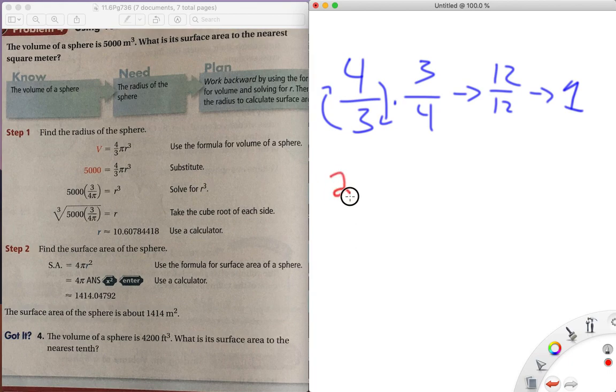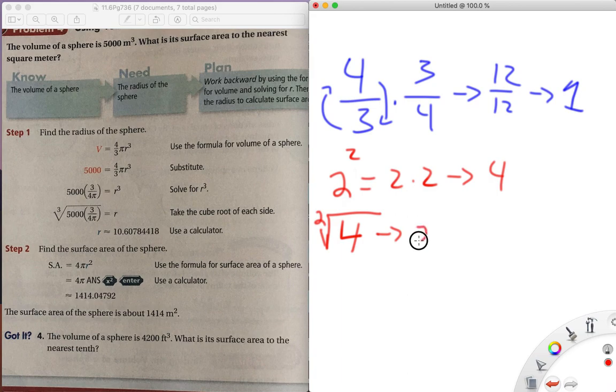If I had 2 squared, I know that 2 squared is 2 times 2, or 4. If I was to go in reverse and say what's the square root, what they don't really tell you is that there's actually a 2 here, but we don't write it for square roots. That means it's going to be 2 times 2, the number that I'm multiplying twice to get to 4, or 2. So the square root of 4 is 2. This is something that you guys already know.